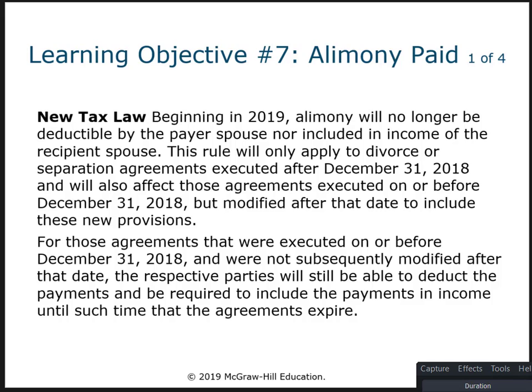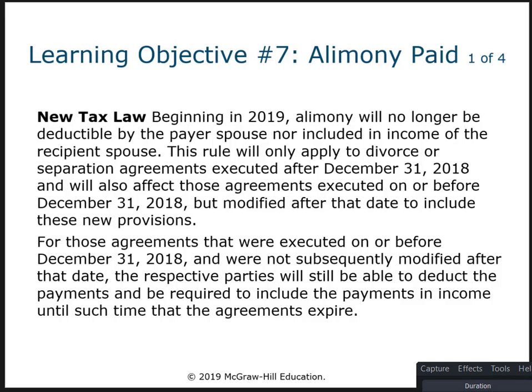So this only applies to divorce agreements made on or before December 31st, 2018. There are still an awful lot of those divorce agreements out there, so this is still very common. But you have to know what the date is before you assume alimony is deductible for AGI.